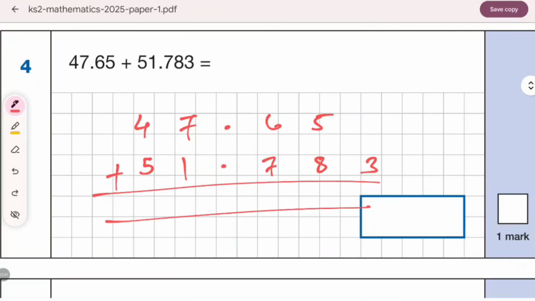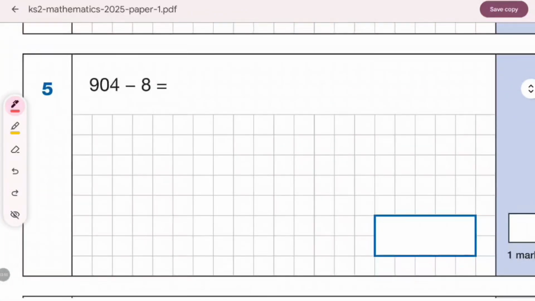After the addition, 0 is nothing, so it will become 3. 5 and 8 will make 13, so we write 3 and carry 1. 6 and 7 will be 13, and 13 and carry 1 will be 14. The point will still remain the same. So 7 and 1 will make 8, and 4 and 5 will make 9. So when we add these two numbers, we get the answer 98.433.